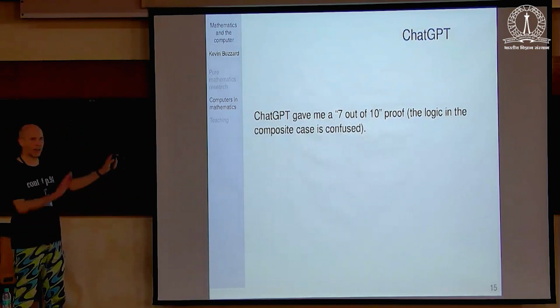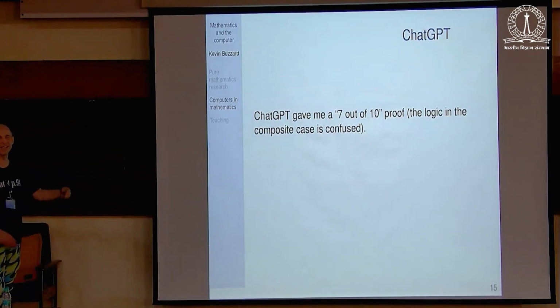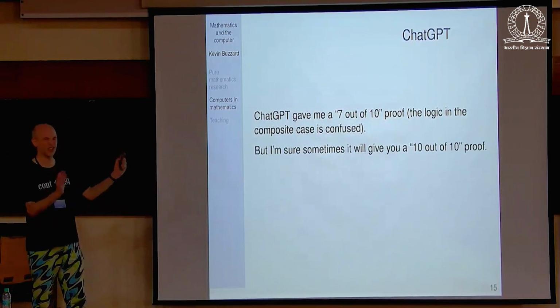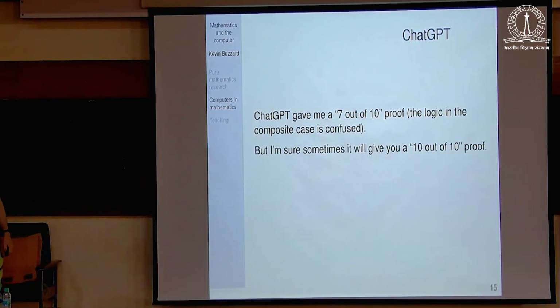Because if it's prime, the logic is fine. If it's composite, it just wrote stuff that didn't quite make sense, but it clearly knew that it was on the right lines. And I imagine that if you just asked ChatGPT the same question several times, eventually you would get a 10 out of 10 proof.